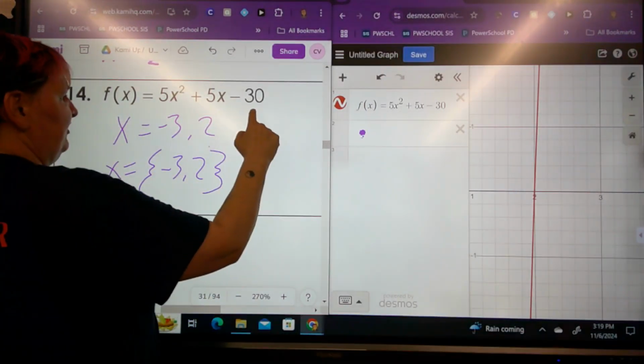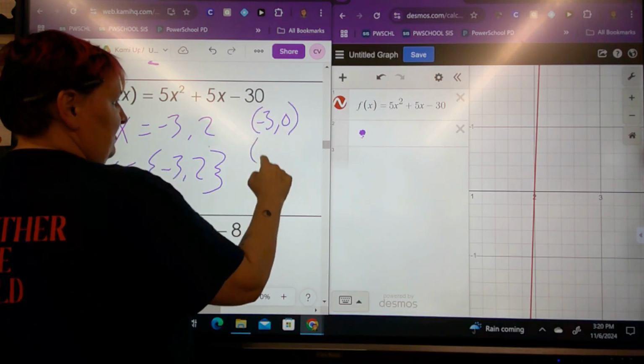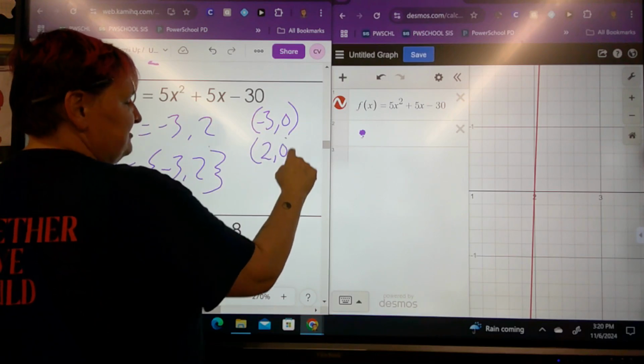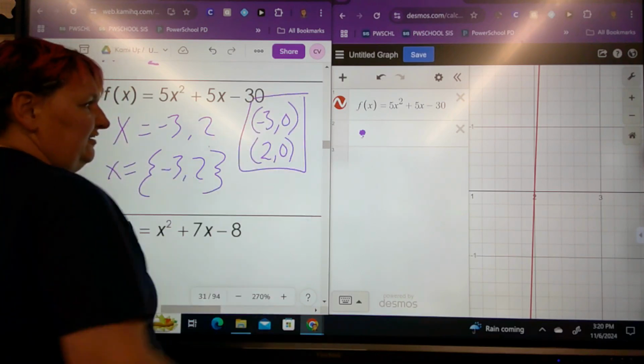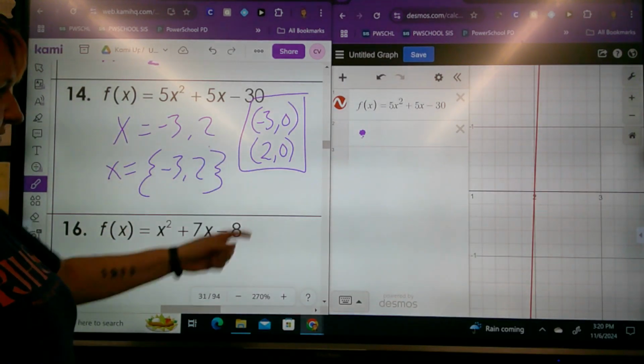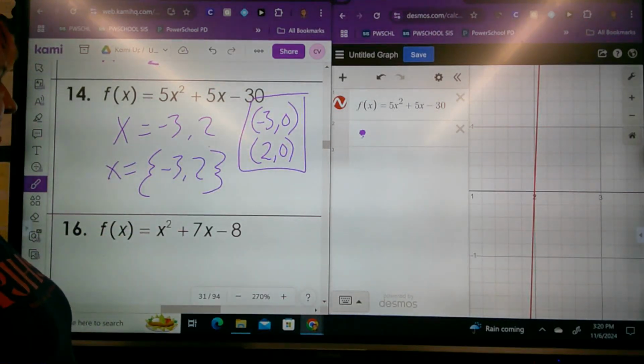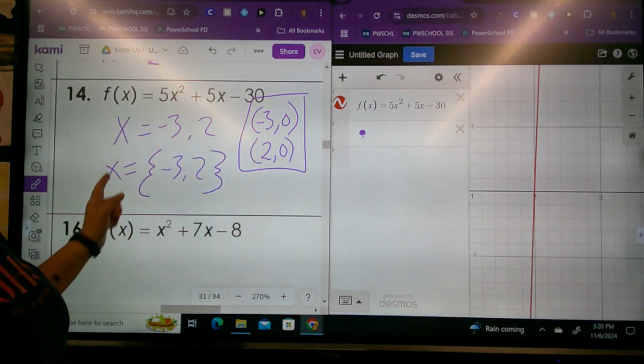So my preferred answer would be this one. But sometimes you just have to ask the teacher what they prefer. This is what I prefer. These are your zeros, because your y is 0 and this is where you cross the x-axis. But I will accept any of these answers.